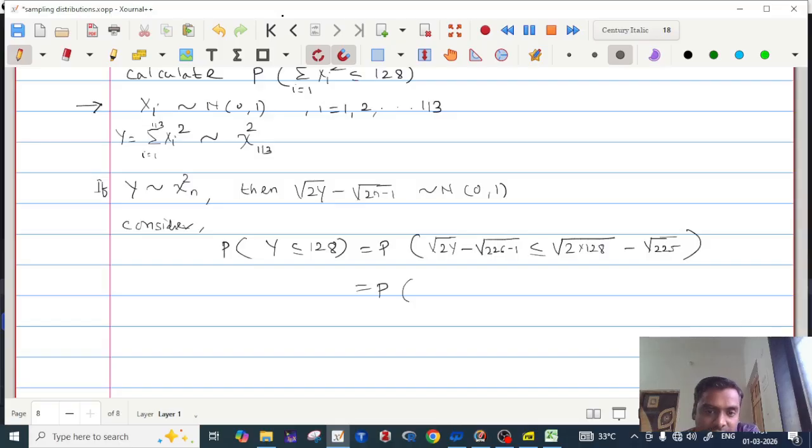By Fisher approximation, this quantity, square root of 2Y minus square root of 2n minus 1, is normal 0, 1 which is Z. The quantity Z is less than or equal to 16. Square root of 256 is 16. Square root of 225 is 15. This is the probability of Z less than or equal to 1.